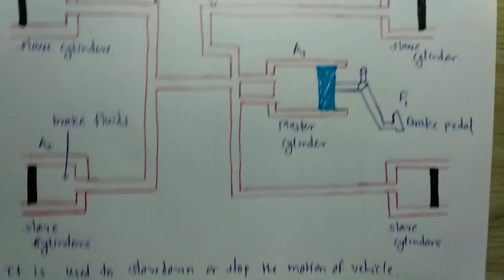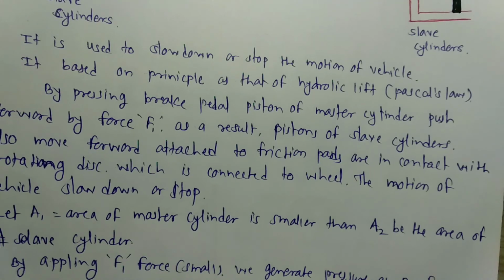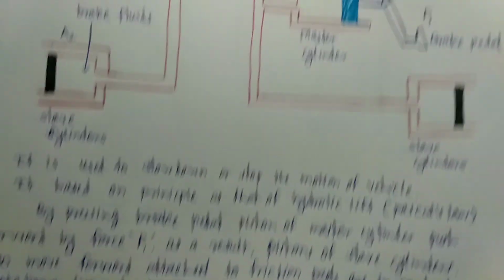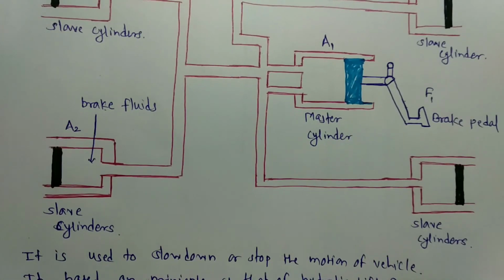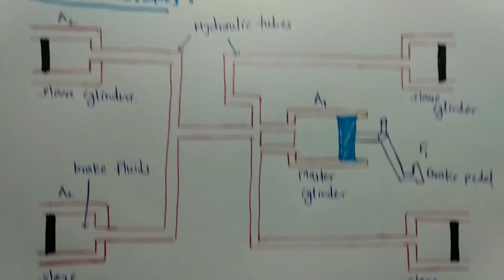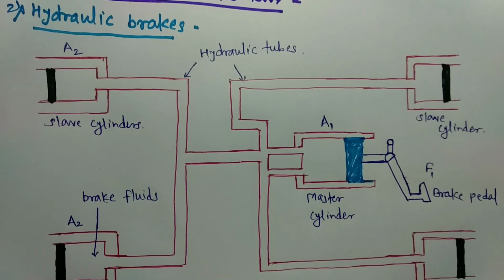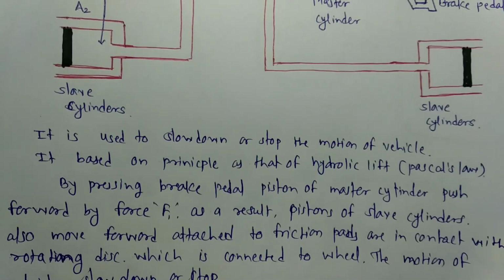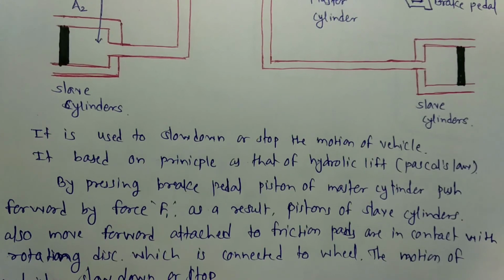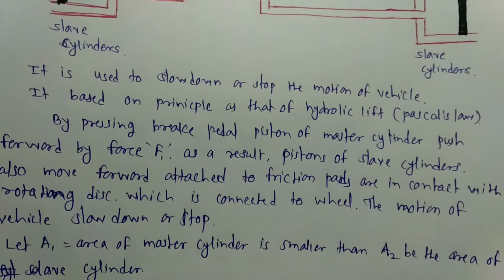So a small force applied to the brake pedal can be converted into a large force, and you can slow down or stop the vehicle using hydraulic brakes. This is an application of Pascal's law. The first application is the hydraulic lift, where you provide a small force and lift a heavy object. In hydraulic brakes, by providing a small force you can generate a large force at the slave cylinders and stop or slow down the vehicle.